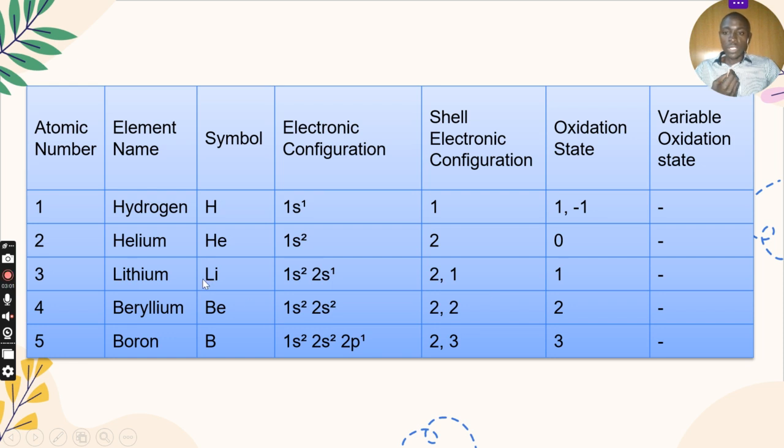Anyway, so lithium, this is the electronic configuration of lithium, the orbital configuration, and the shell configuration. As you can see, lithium is written as 2-1. It means the first shell is full, then the second shell has only 1 electron. The second shell can take 8 electrons. So in order to be full, lithium needs to gain 7 electrons.